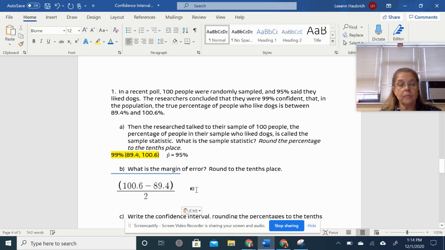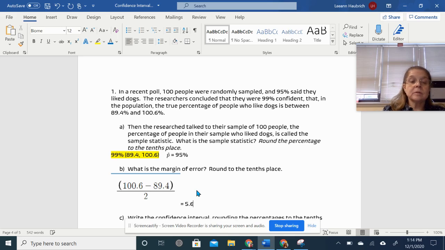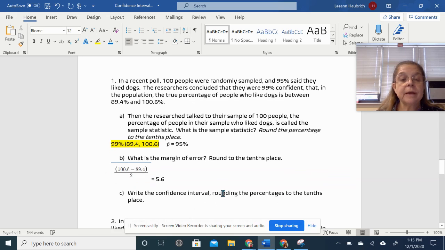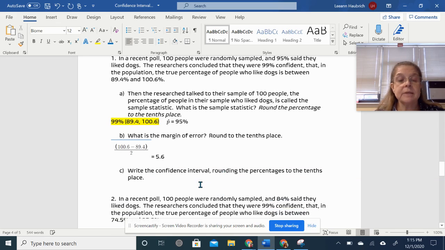And it equals 5.6 percentage points. I should be able to get it up higher. Okay, so round the margin of error to the nearest tenth. Confidence interval we have, but what they're wanting here is the plus or minus.